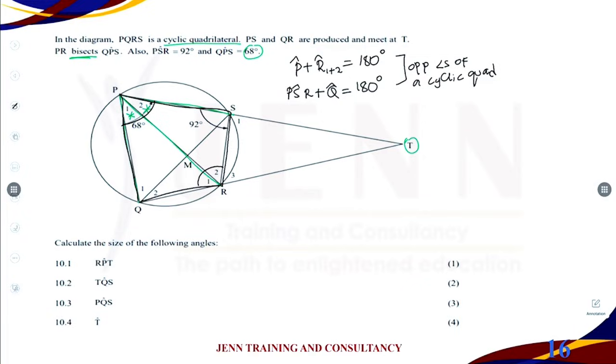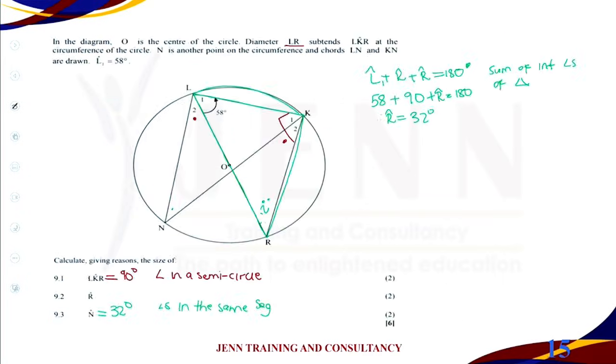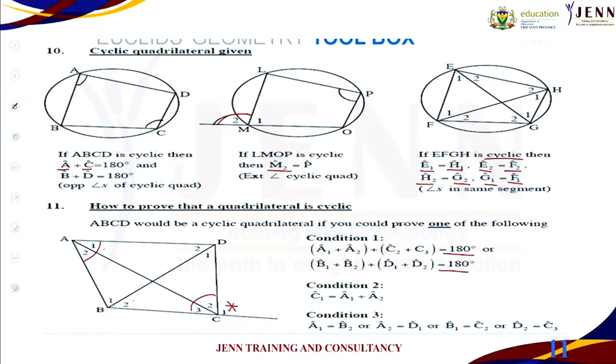Also, on our statement, I believe you were told that PQRS is cyclic. If I remember well from our toolbox, if it is cyclic, then the exterior of this angle M2, on this line OM which is extended, will definitely be equal to the interior opposite angle.